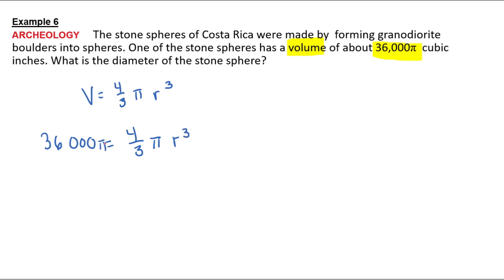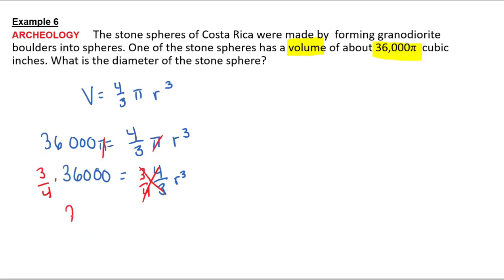Well, I can divide both sides by pi to get rid of that. Now I multiply by 3/4. That cancels out that fraction.